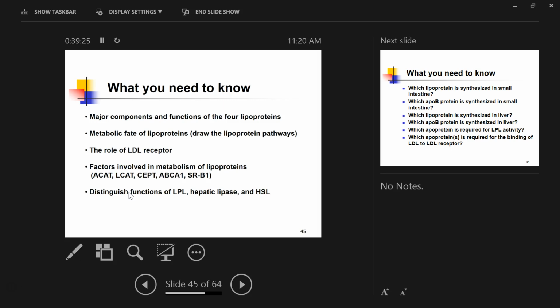Which lipoproteins have triglyceride that is hydrolyzed by LPL? Which two? Chylomicron and VLDL, right? So triglyceride in both chylomicron and VLDL is hydrolyzed by LPL, right? And HSL hydrolyzes triglyceride inside of the cell. So it's a different location.